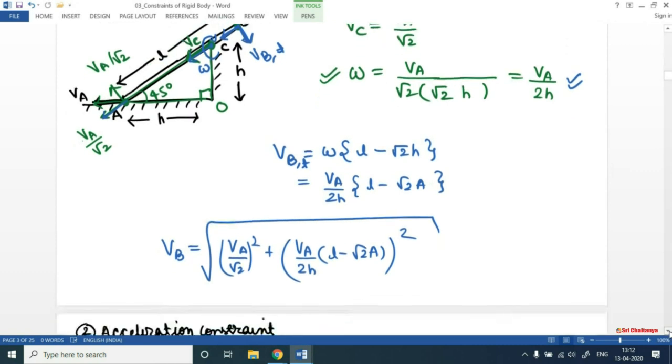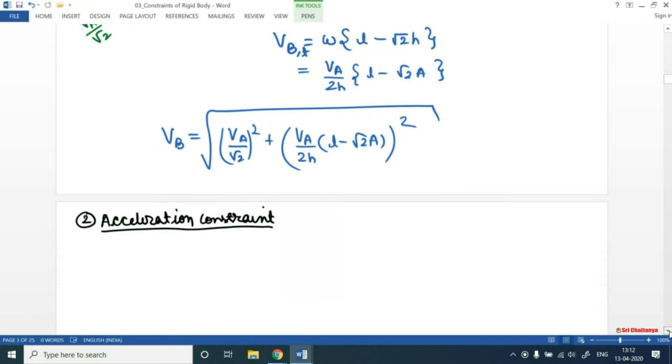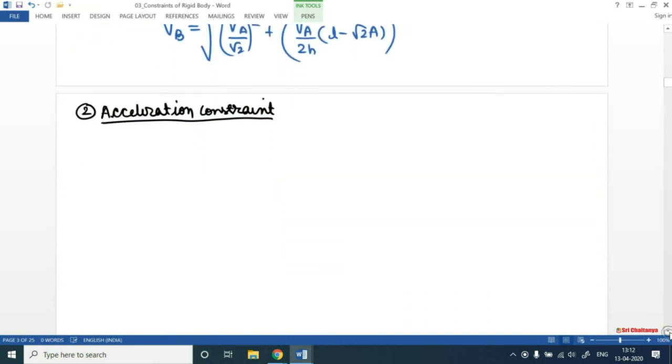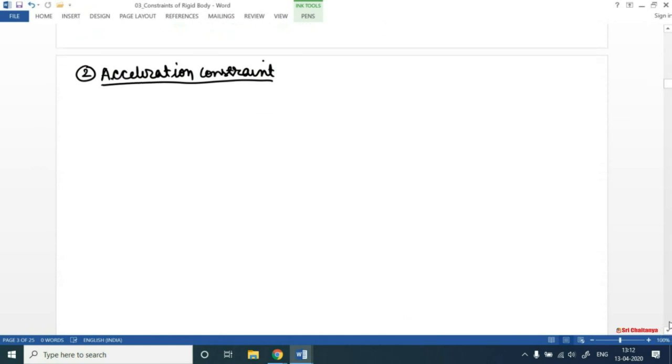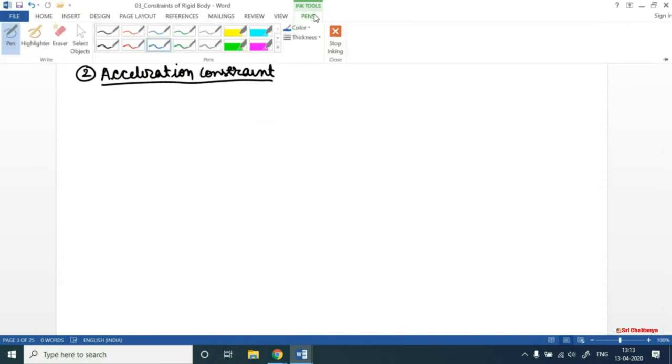So now let's try to learn about the acceleration constraint equation. We need to look at it very closely, because this is one of the confusing things, and most students make mistakes while dealing with the acceleration constraint.